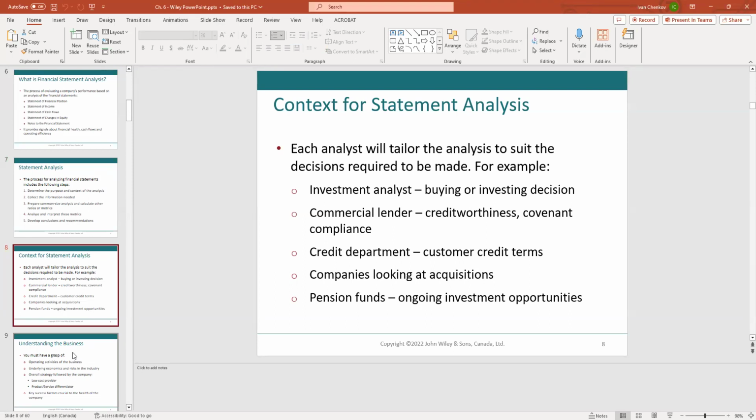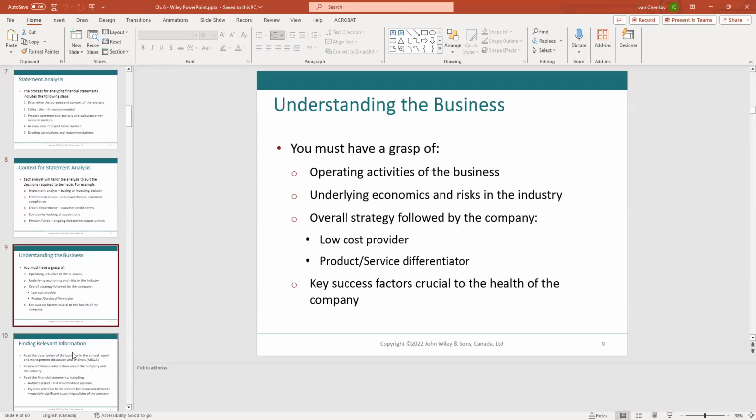Usually the credit department of the company requires that. If we're looking at an acquisition of a company, we're going to have a different type of analysis. If we have a pension fund and we want to invest it, we're going to require a different analysis.